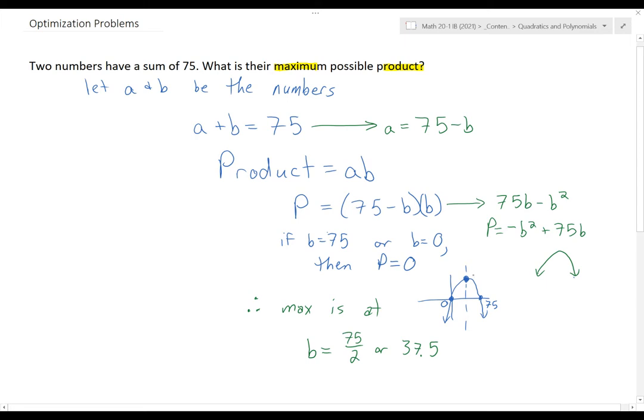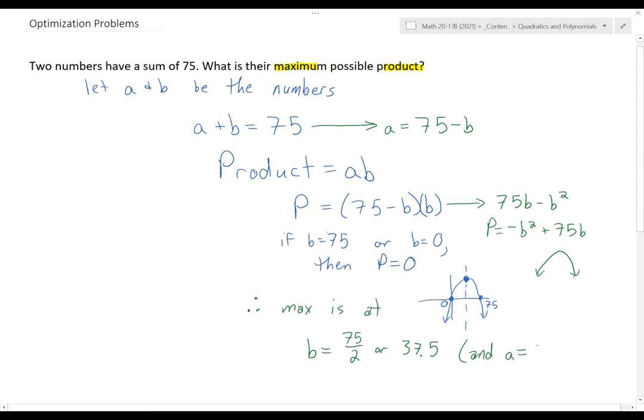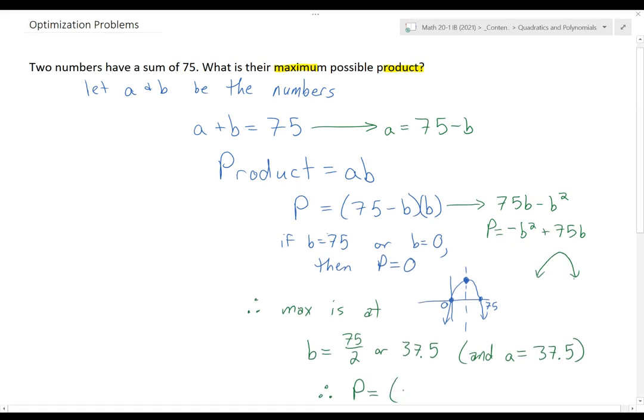I didn't ask what the numbers are, although if I wanted to figure that out, A would also have to be 37.5, because A is 75 minus 37.5. But again, I asked what their maximum possible product is.